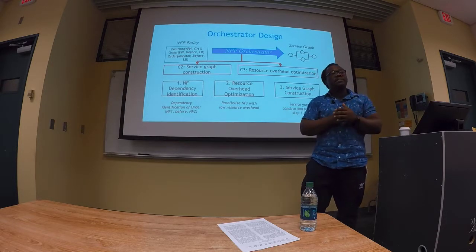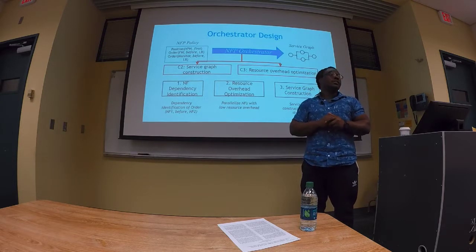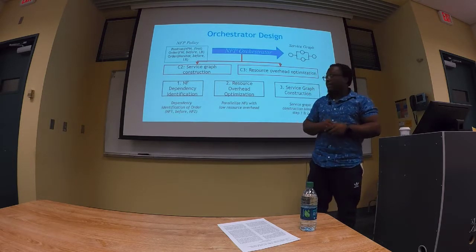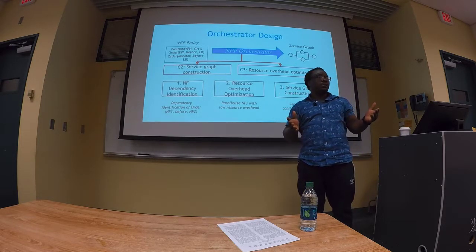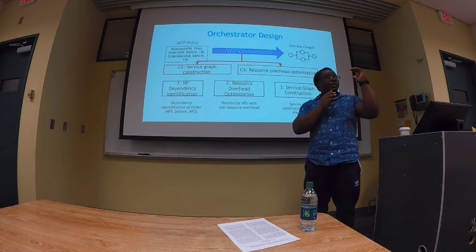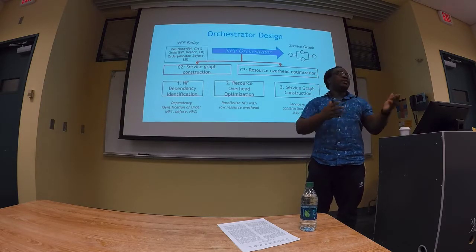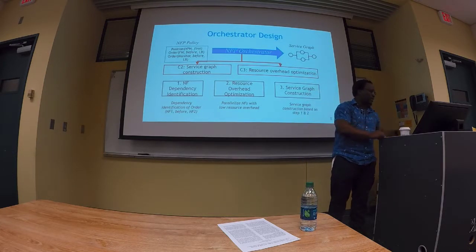Now, if the first NF is interested in one section of, say, like source IP address, and the second NF is interested in writing into the payload, there is no conflict. Because at that point in time, one does its job and the other does the job without changing the packet itself.